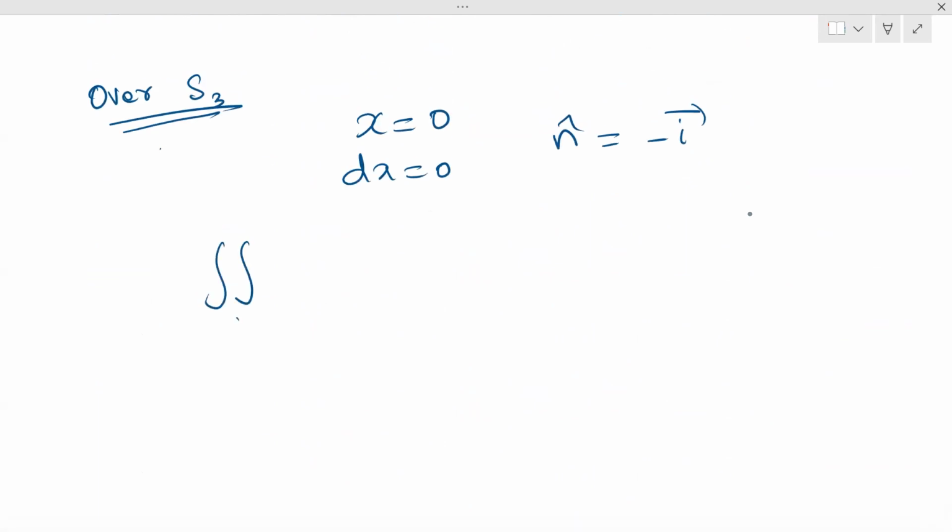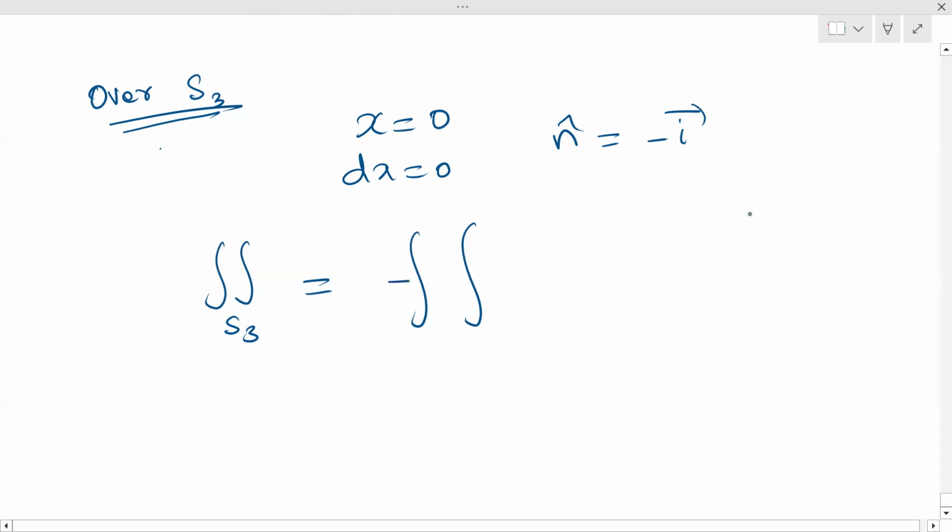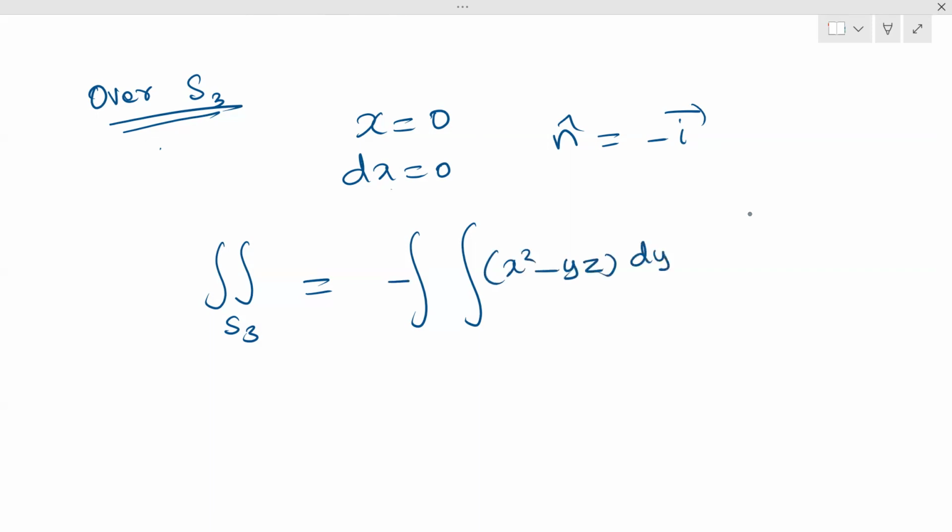So the double integral over S3 is equal to, we will get only the i component. What is the i component? x square minus yz. dx is 0, so here we will get dy dz. And what is the y limit? 0 to b. z limit 0 to c.